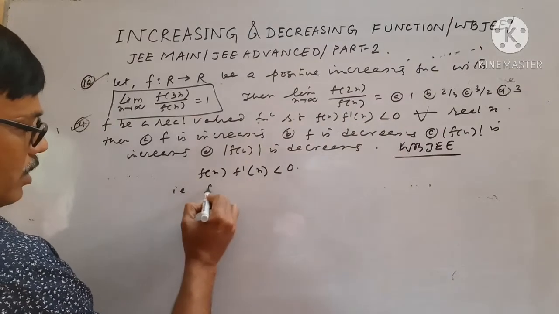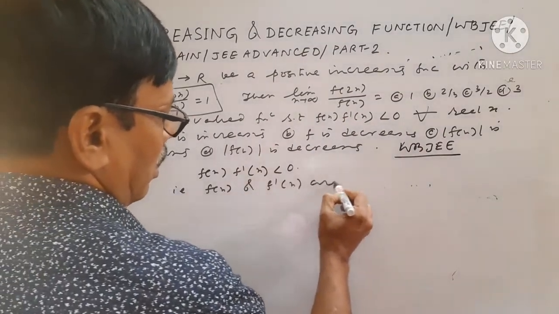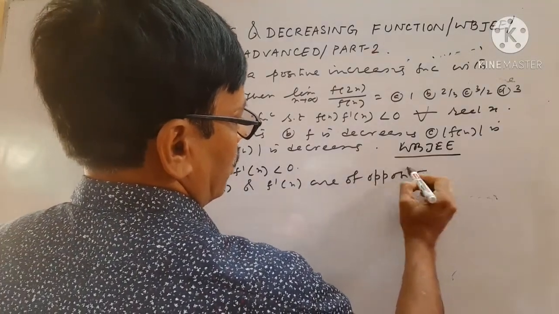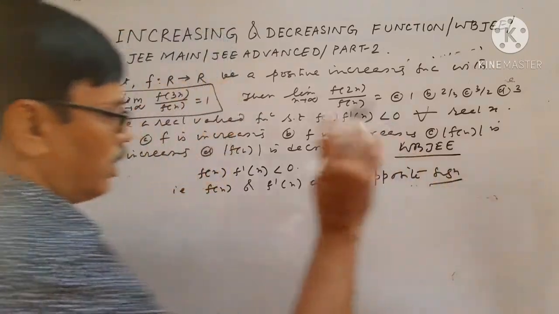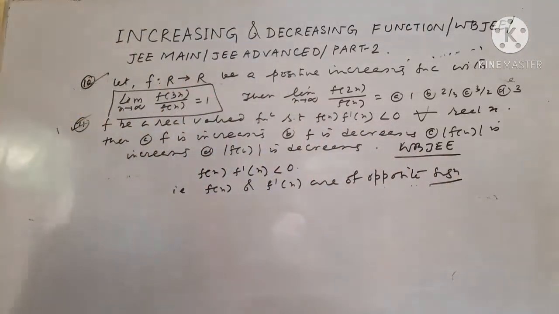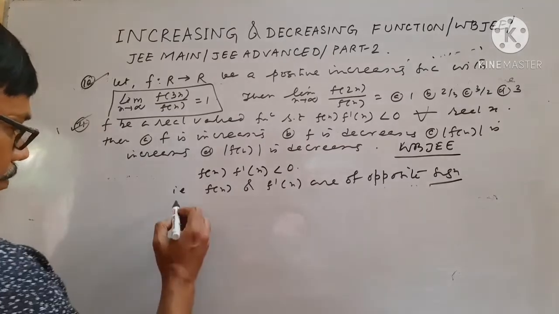That is, we can say fx and f dash x are of opposite sign. So we can conclude this. Now they are of opposite sign. Now which one of the option is correct?